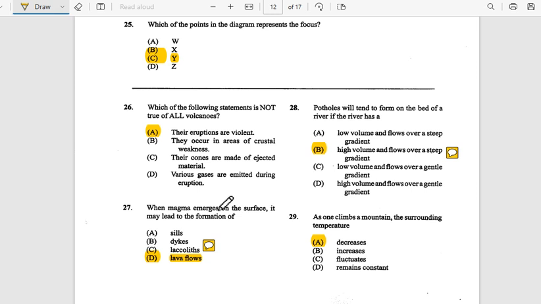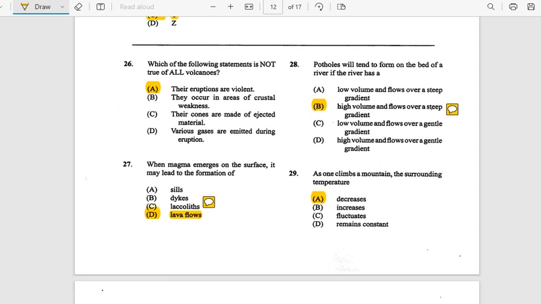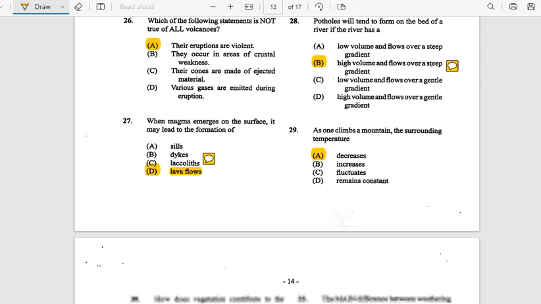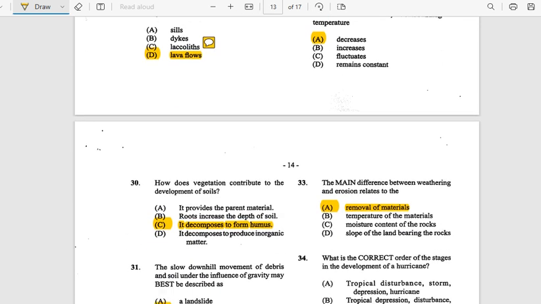Number 27. When magma emerges on the surface, it may lead to the formation of a volcano and its lava flow. Number 28. It says potholes tend to form on the bed of a river if the river has a high volume and flows over a steep gradient. All right. Number 29. It says as you climb a mountain, the surrounding temperature will decrease.